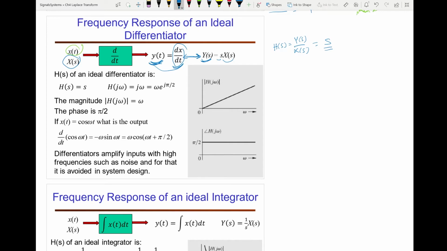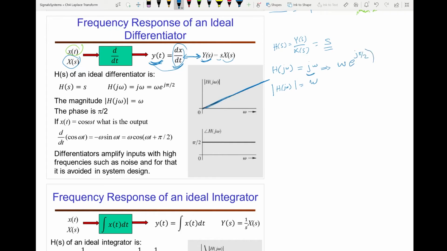If I want to find the frequency response, I replace s by j omega. If I want to find the magnitude, it will be just omega. So that will be this line here. If I want to find the phase, it is just j. That will be 90 degrees. If I express this in exponential form, it will be omega e^(j pi over 2).